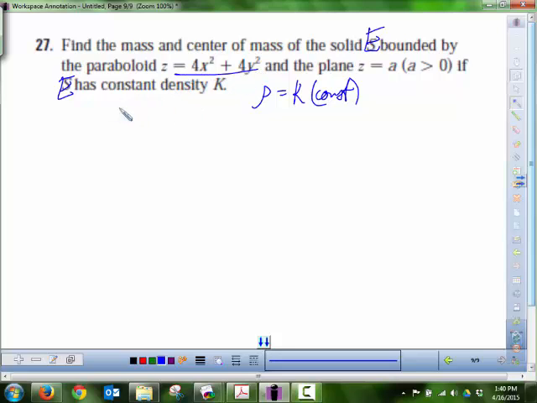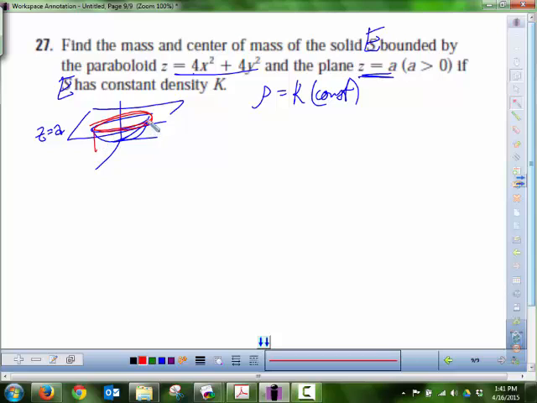This is a paraboloid that's going up. And the 4 makes it wider or skinnier, I don't know. But the only thing I'm concerned about is how far this is going to go up and the shadow that it's going to make on the xy plane. And so I have a plane z is equal to a, some positive constant a, that's going to take this paraboloid and chop it off somewhere.